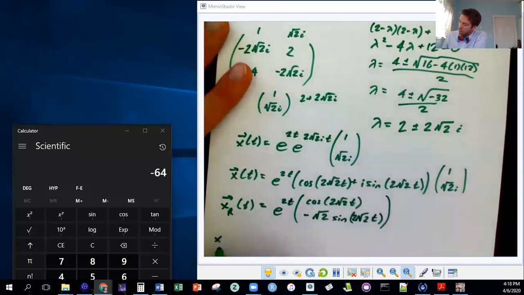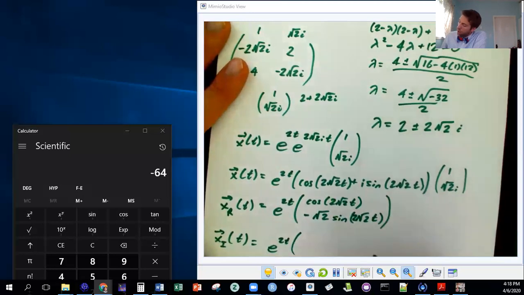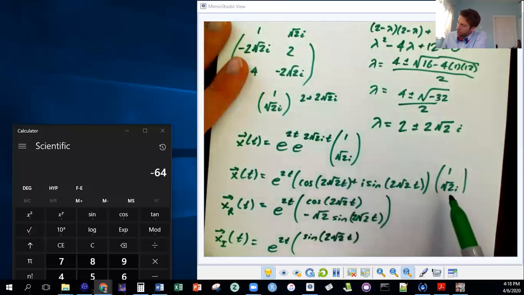And x imaginary of t would equal e to the 2t times, and the imaginary parts would be imaginary times real and real times imaginary, and then drop the i on the outside, because it's just looking at the imaginary part. So sine of 2 square root of 2 t, and then real times imaginary here would be square root of 2, just leaving out the i, times cosine of 2 square root of 2 t.